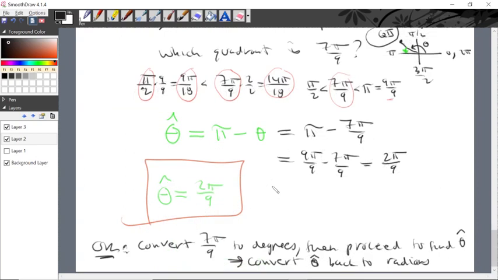Okay, so we've already seen how to convert into degrees. A real quick conversion, right? 7 pi over 9 is a measure in radians. Well, if we multiply by 180 degrees over pi radians, we would get it converted, because this would allow us to cancel radians with radians.